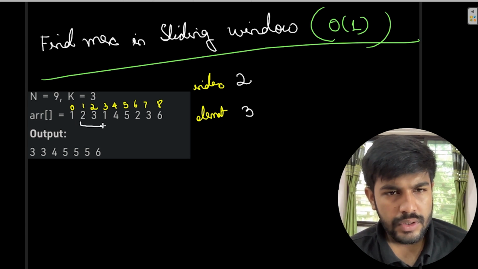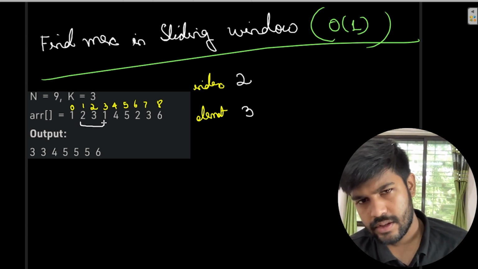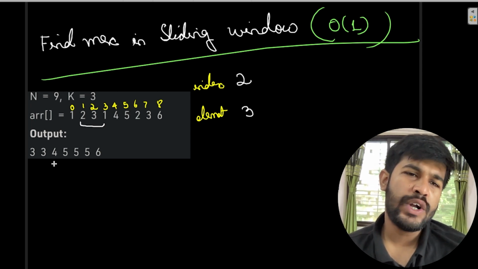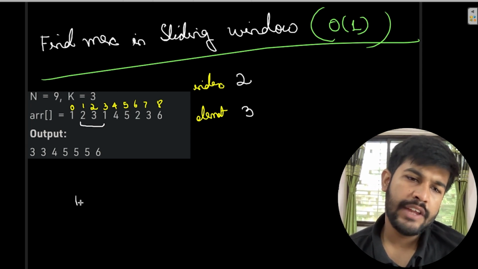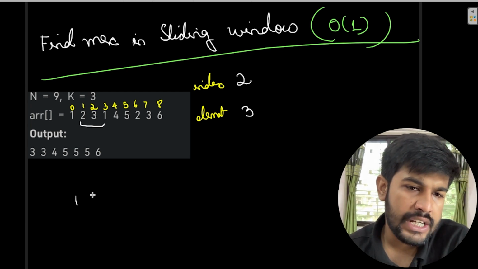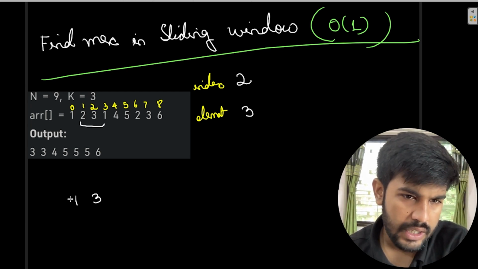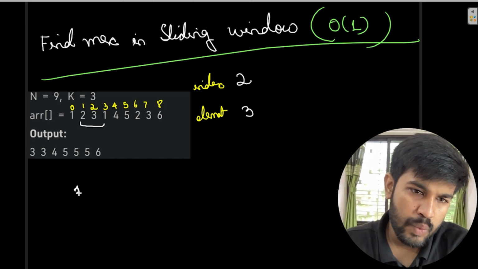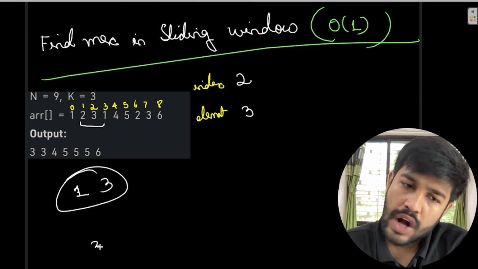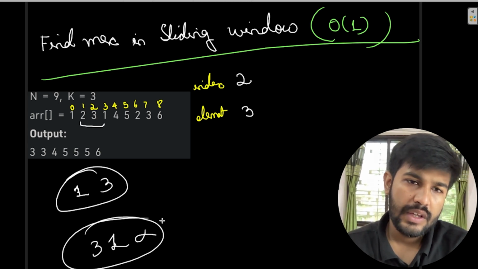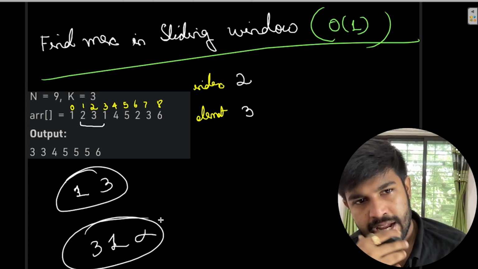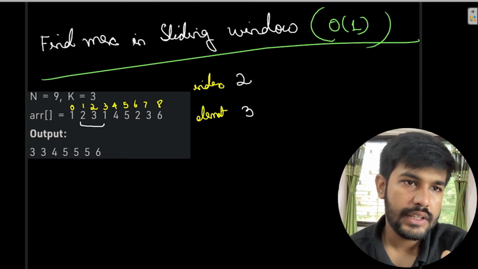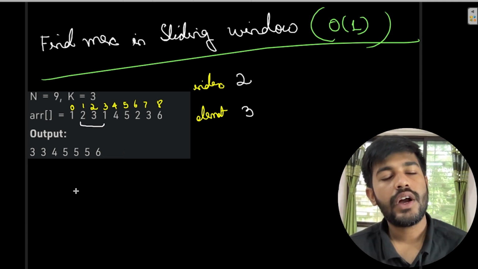Next we come to 1. We want a sorted order, so even if we insert 1, we want the ordering as 1 after 3, not 3 after 1.